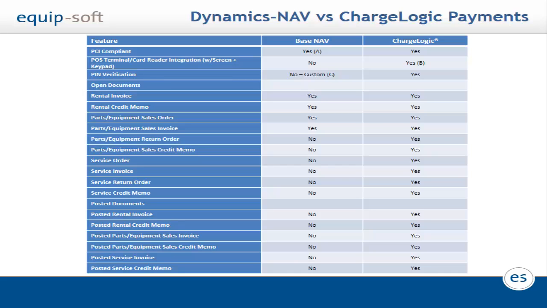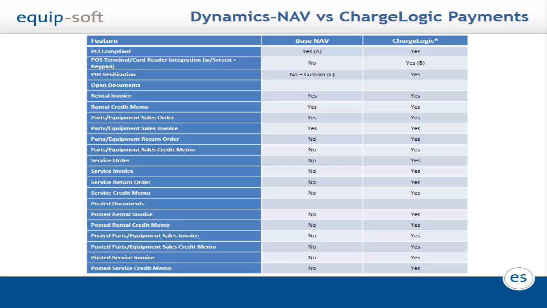You can also see here that PCI compliancy is very, very important. Yes, base-NAV is PCI compliant, but it's really because the credit card company, the trade partners, or the payment processing company you're working with are PCI compliant.